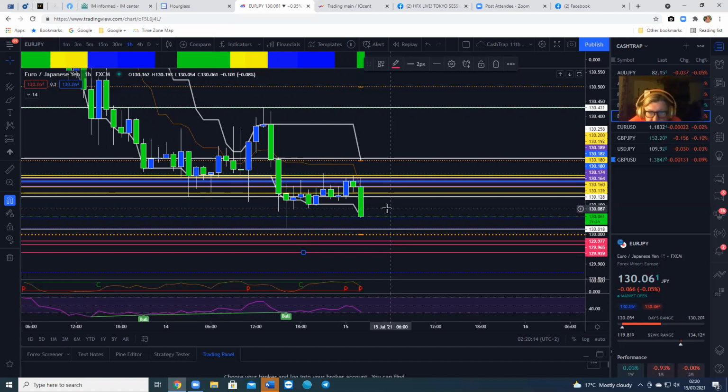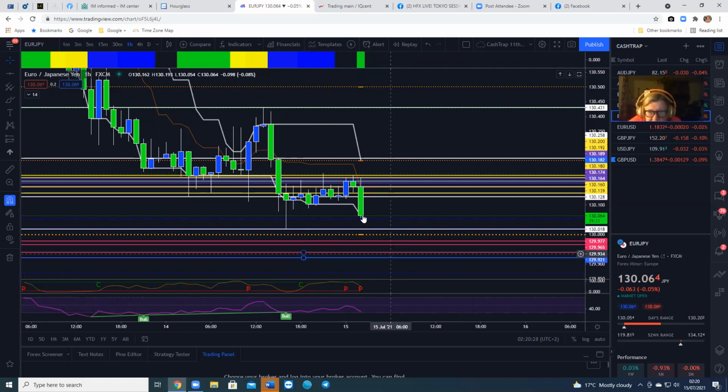Just looking to see what I've marked up. I'm not going to mark that where price is moving. So I've got the high and the low and the opens and the closes.